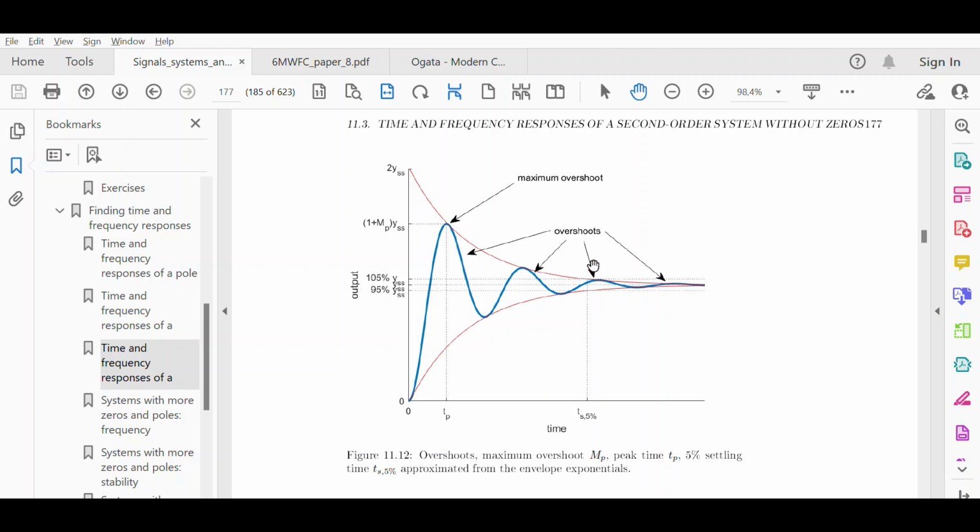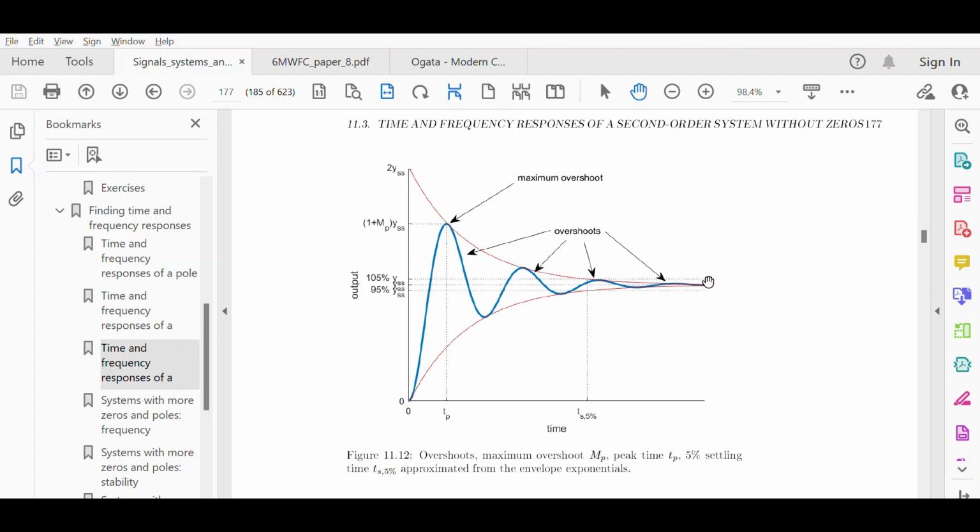The overshoots, the maximum overshoot, but also the peak time, that is to say, the time instant at which the maximum overshoot takes place, and the settling time, which is the name I give to the time it takes for the response to be within this band of, say, 5% or 2% or 1% around the steady state value.